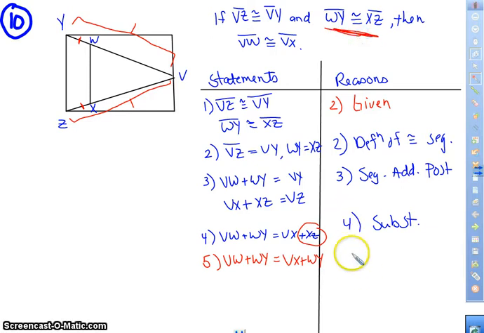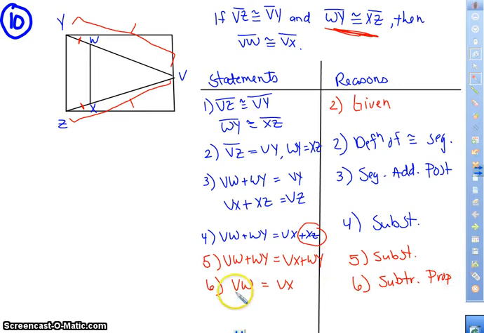I know they're equal. So there's my substitution. Now I'm going to subtract. So I'm going to use subtraction property. So I know if I subtract WY and WY from both sides, I'm going to be left with VW equals VX. And that is by subtraction property.